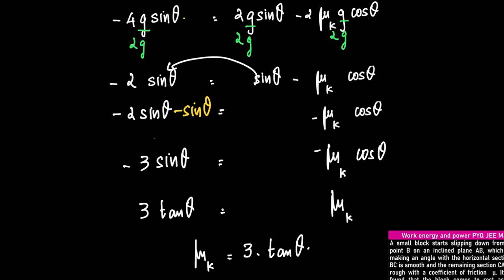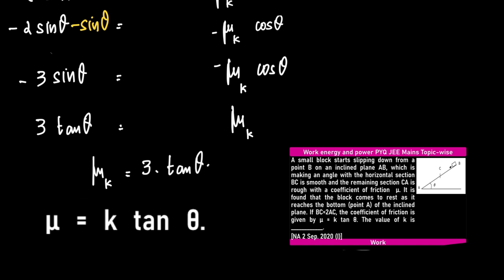And if you compare this with the given value in the question, the coefficient of friction is given by mu is equal to k tan theta. Mu k is equal to 3 tan theta, and what is given in the question is mu is equal to k tan theta. If you compare these two equations, we analyze that the value of k is equal to 3.